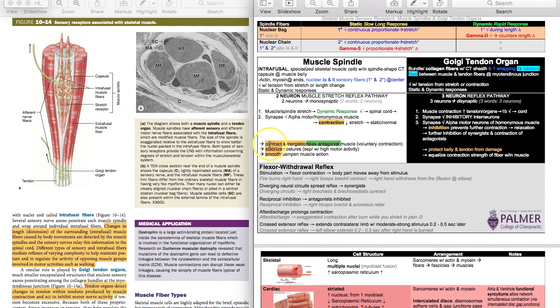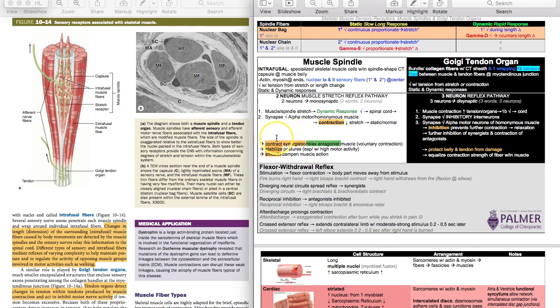Okay, so basic functions that it's going to do: if you need it to contract synergistic muscles to work with it, it can do that. And if you need to relax opposing antagonist muscles, it can do that, in a voluntary contraction.